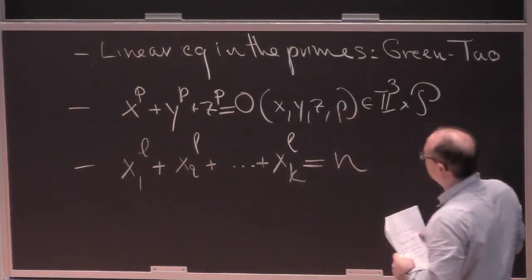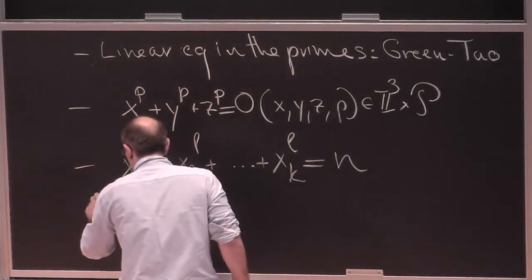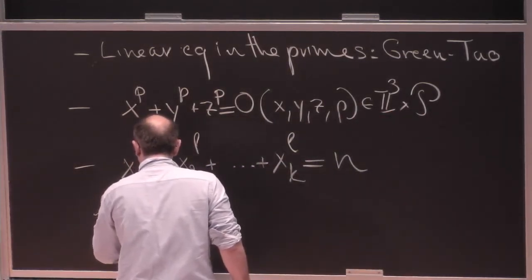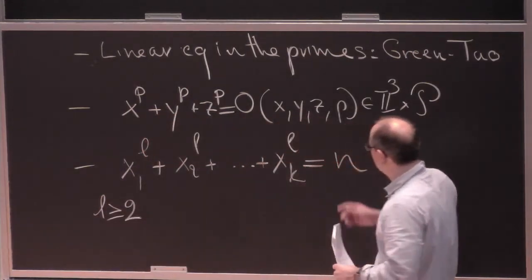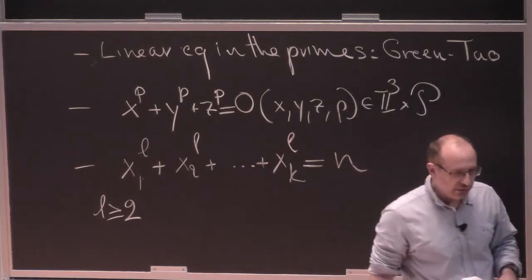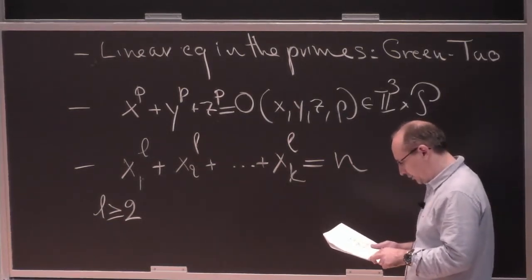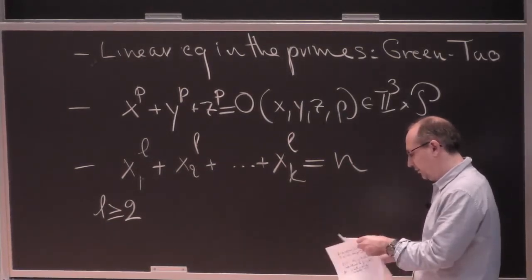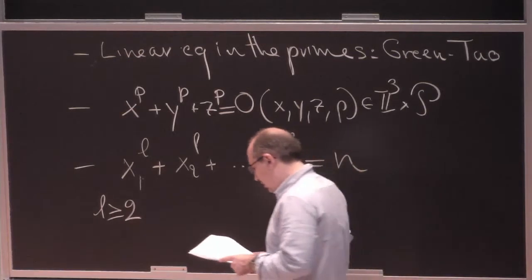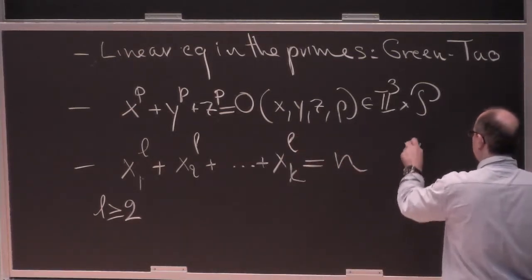Given some power L, which I will take greater than 2, and given an integer, can you represent this integer as a sum of, say, k L-th powers? This is called the Waring problem.